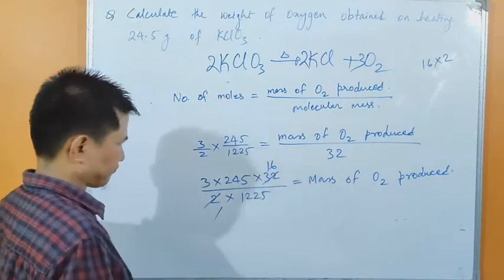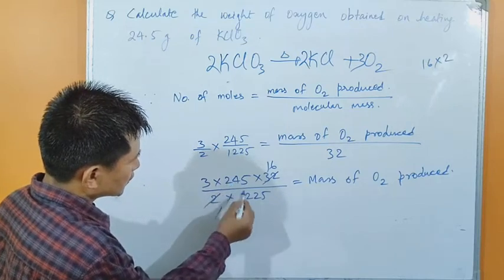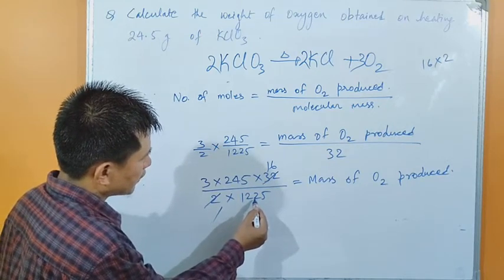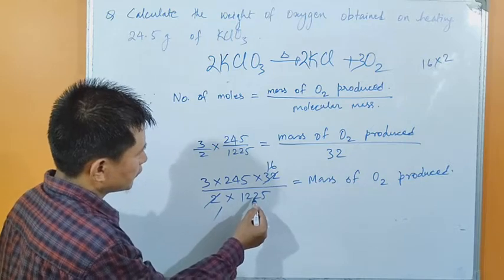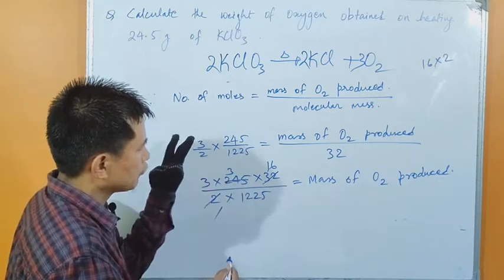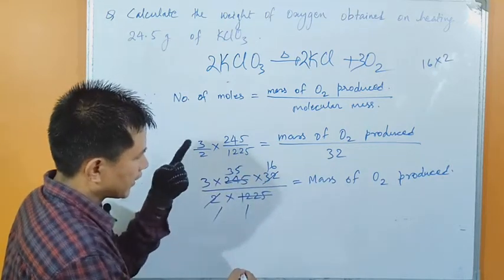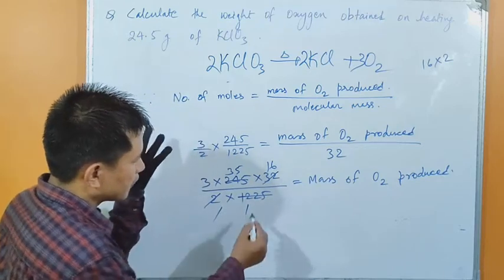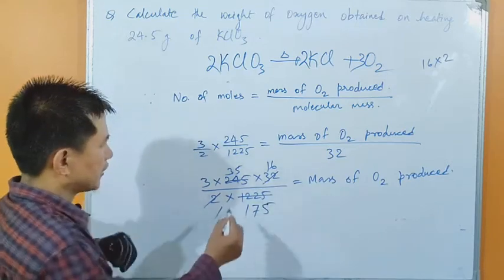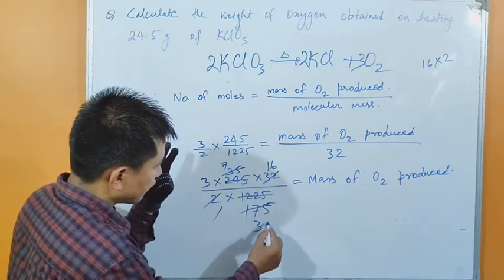Let's cancel this. 7 3s are 21, 7 5s are 35, 7 1s are 7, 5 7 7s are 49, 50, 51, 52. 5 7s are 35, 5 3s are 15, 16, 17, 5 5s are 25.